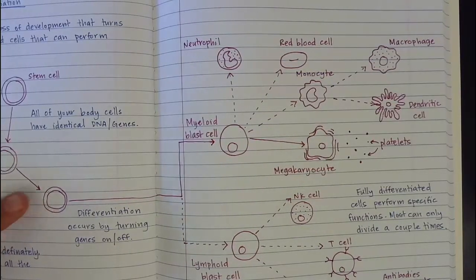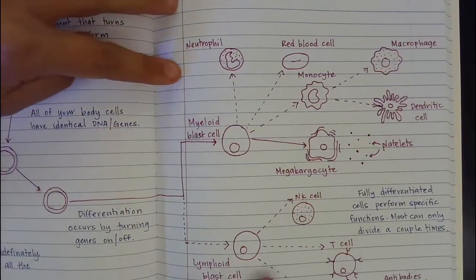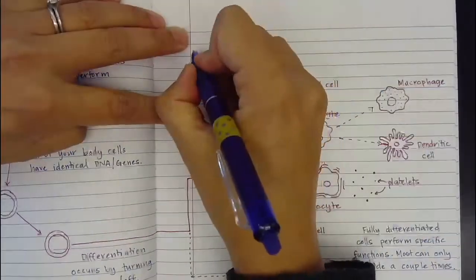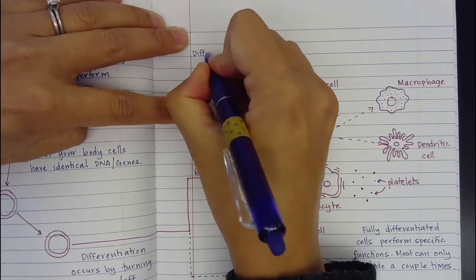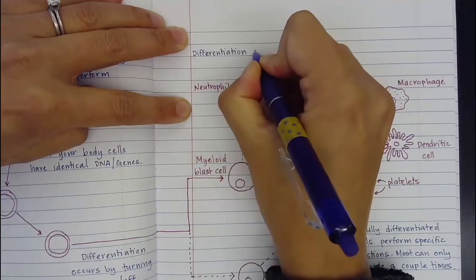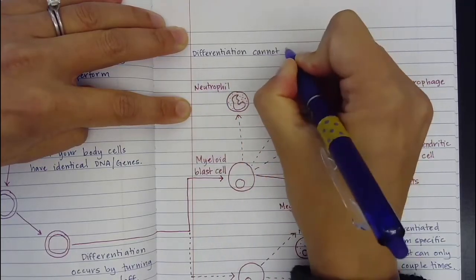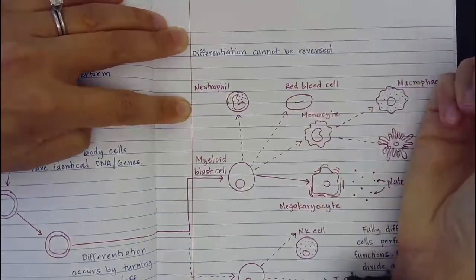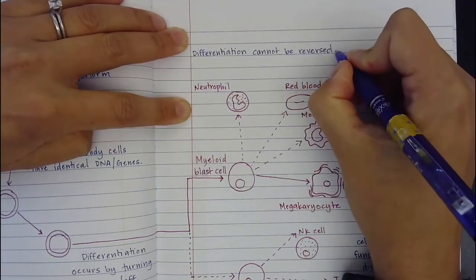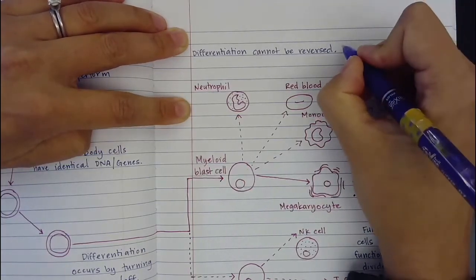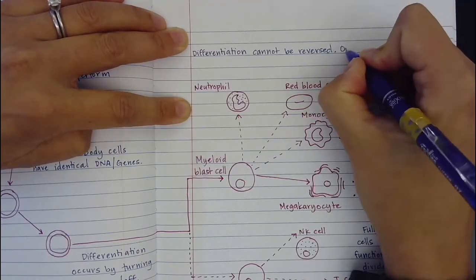And that's the other thing. Differentiation, it cannot be reversed. Once the development has started, the cells are stuck on that path.